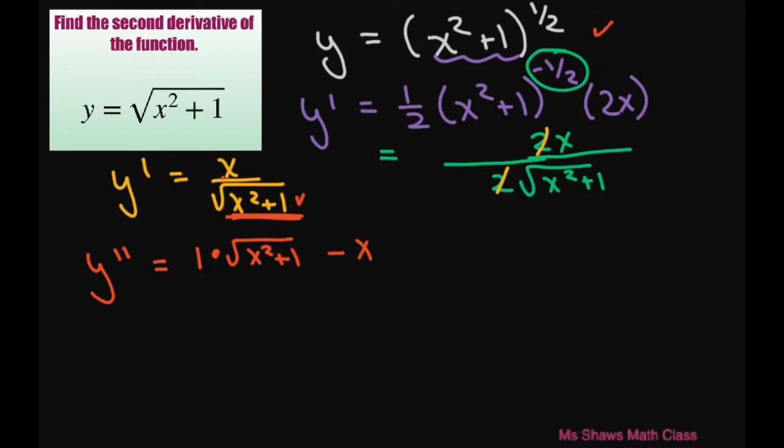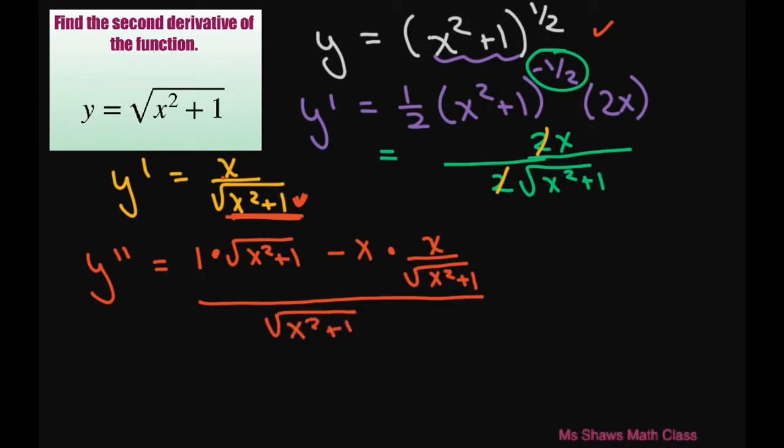It was right up here. So that was times x divided by the square root of x squared plus 1, because we already took this derivative. All right. Now, then it's all divided by the square root of x squared plus 1 squared.